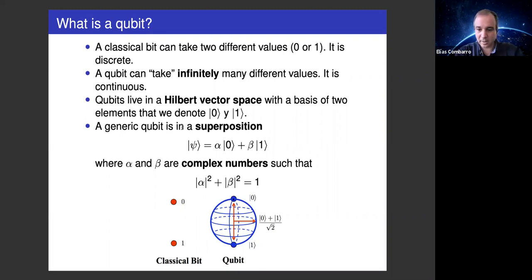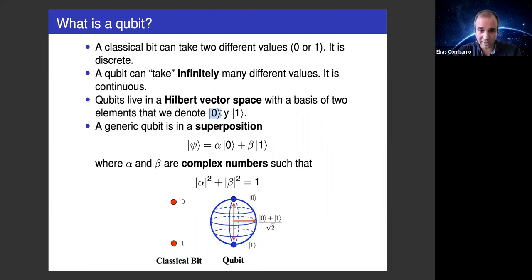Mathematically, this can be expressed as a vector which lives in a vector space, a Hilbert vector space, in which you have a basis of two elements. These elements are the equivalent of the classical 0 and 1, and we usually denote them with this funny looking notation, which is called the Dirac notation.